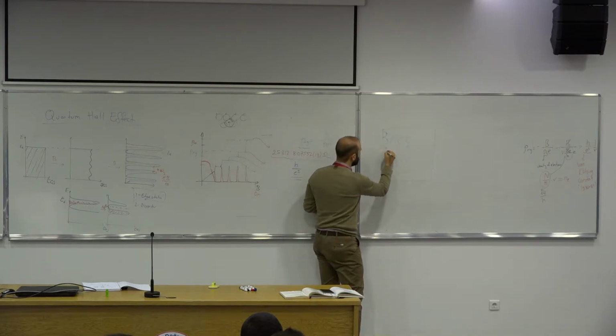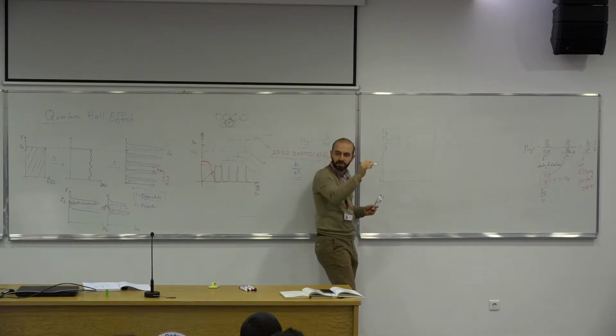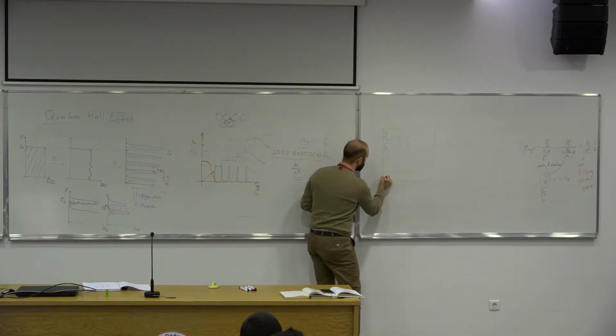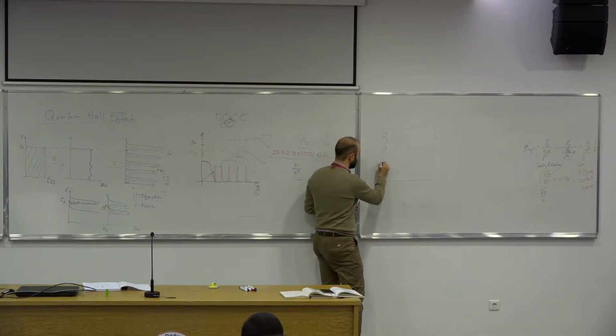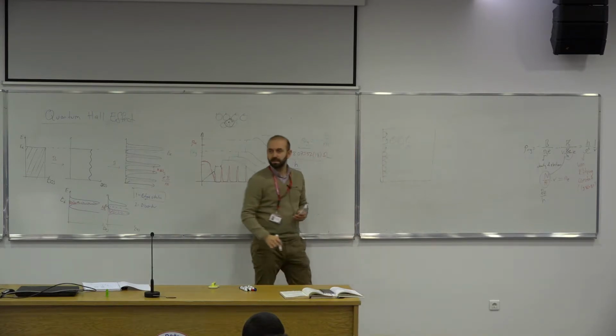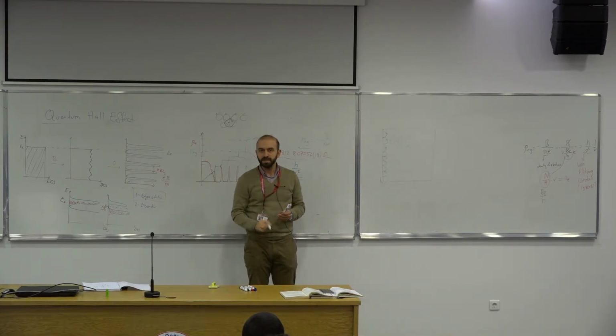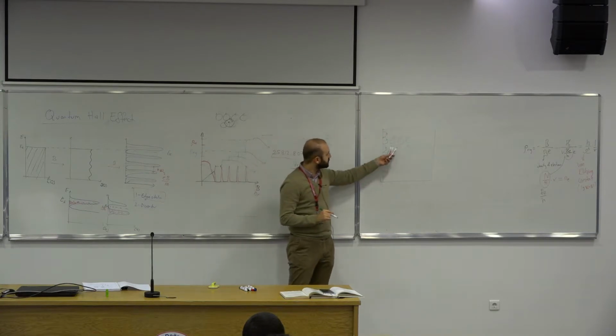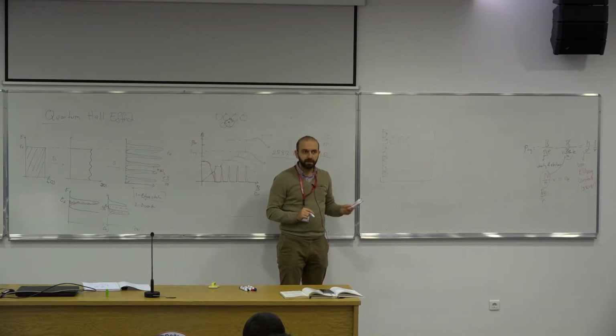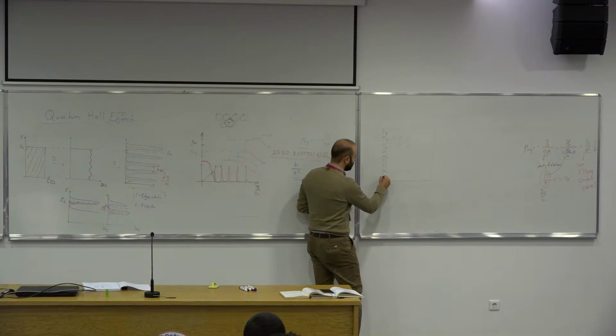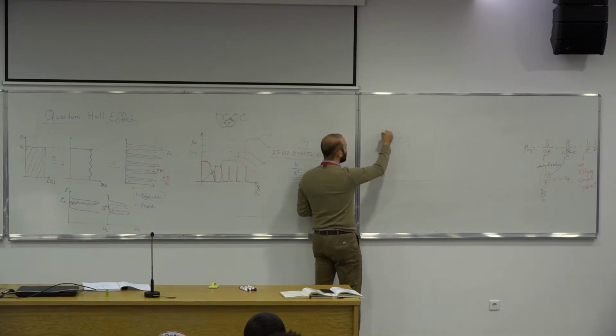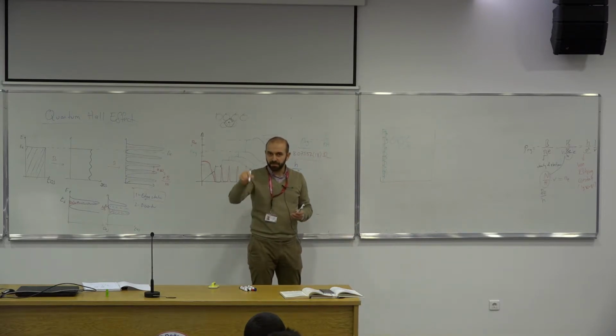So you will end up, let's say I have an electron at the very edge, which tries to make the circular orbit. Every time it hits the boundary, it will scatter back and back and back and keep doing this orbit. So unlike the electrons in the center, this guy will be moving forward because of these edge scatterings.